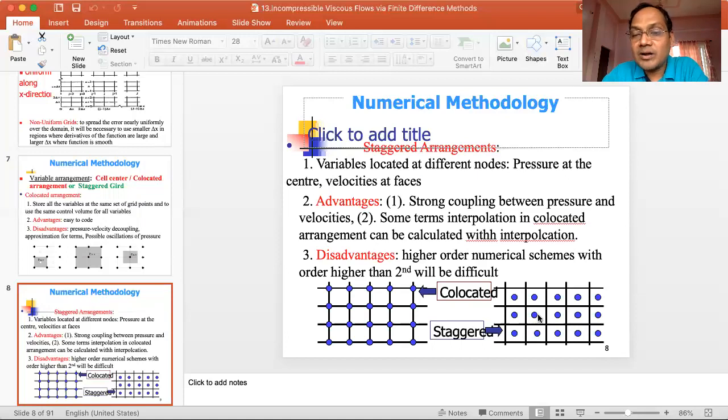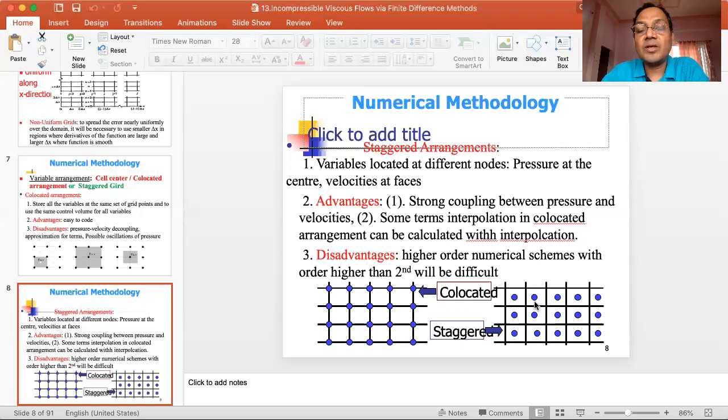On the right side, along the x direction, you store the x component of velocity, u. This will be u, this vertical one is v, and this is p. So u, v, p are all distributed at different places of the cell. That is called a staggered grid.